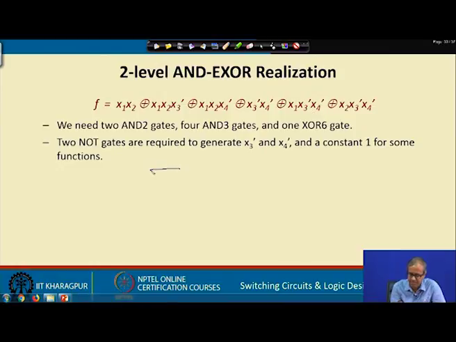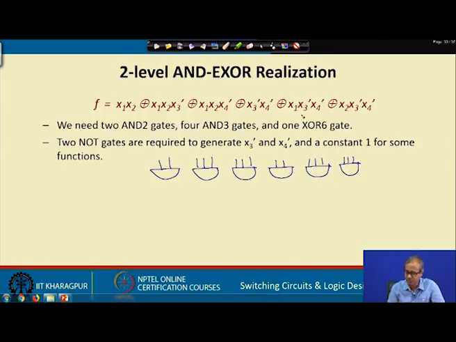So, we will be needing 6 AND gates, first AND gate will be having 2 inputs, second one will be having 3 inputs, third one also 3, fourth one 2, this is 3 and this is 3, and you will have to take the XOR of all of them.